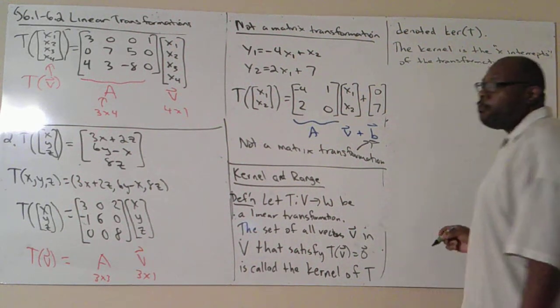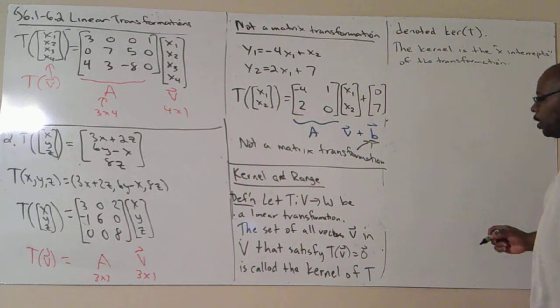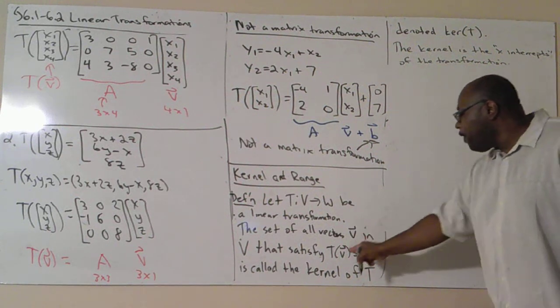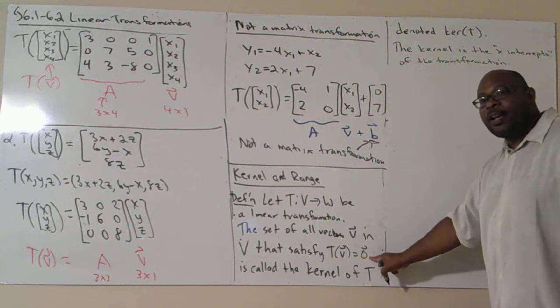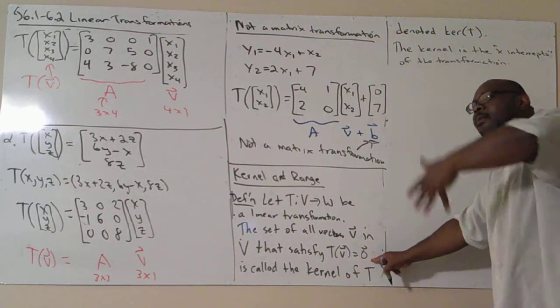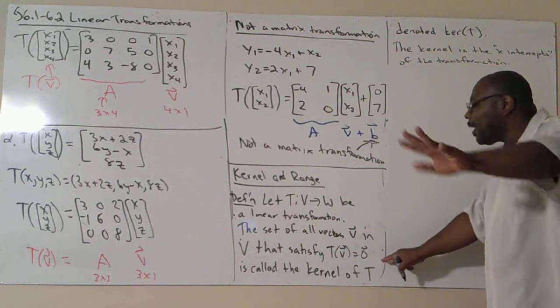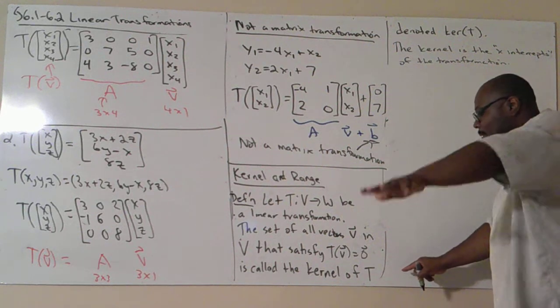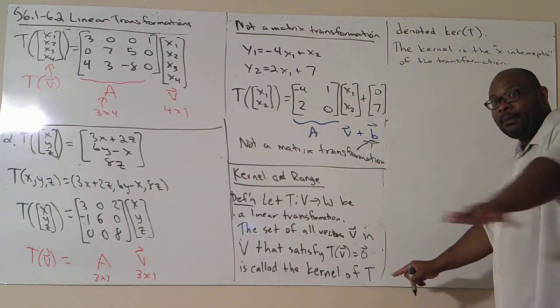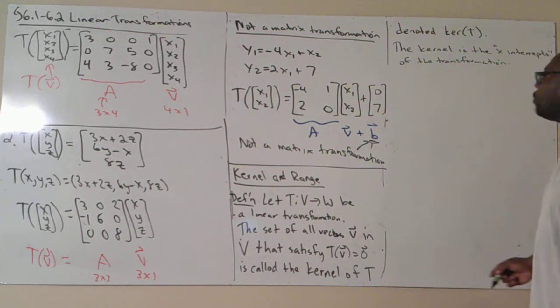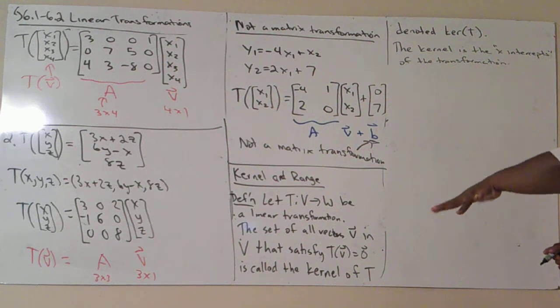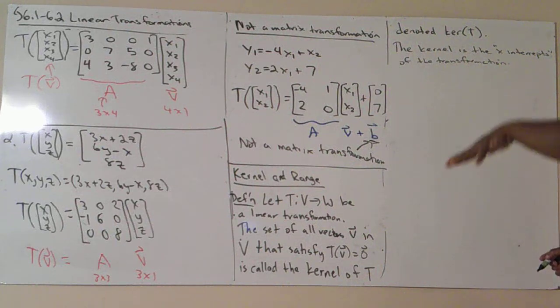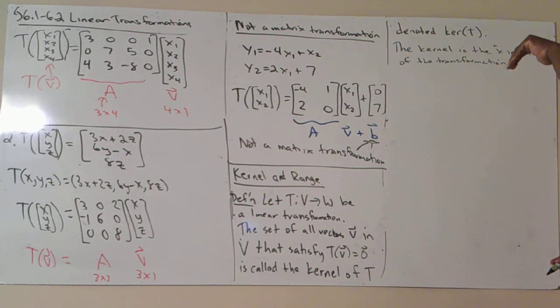We talked about this before, where essentially when you plug in that vector, you get the zero vector. Although in this case, it's where it lies on this zero plane that we're looking at here. So the kernel is the x-intercepts of the linear transformation. Essentially all vectors that are going to go to the zero vector. That's the kernel.